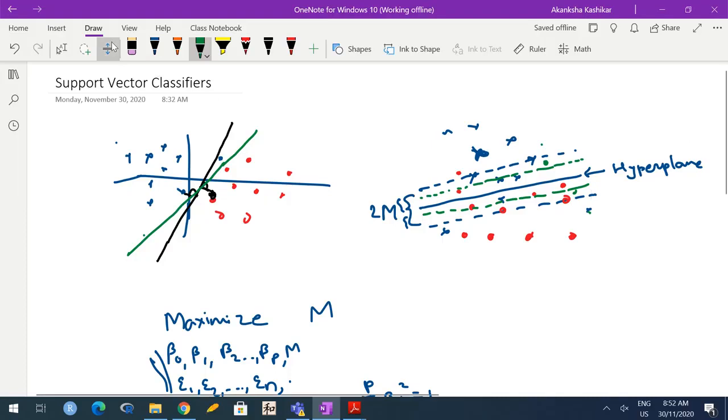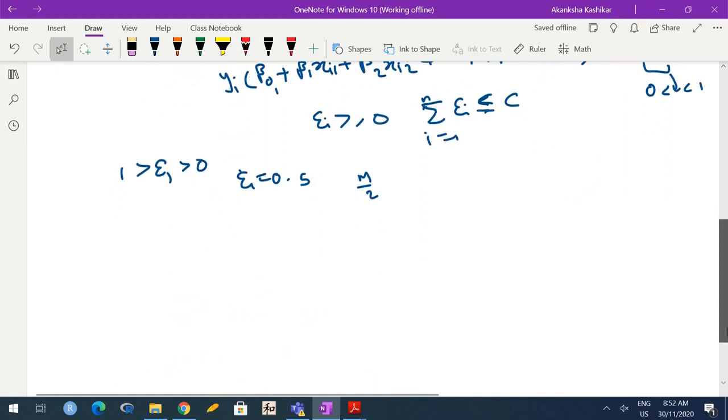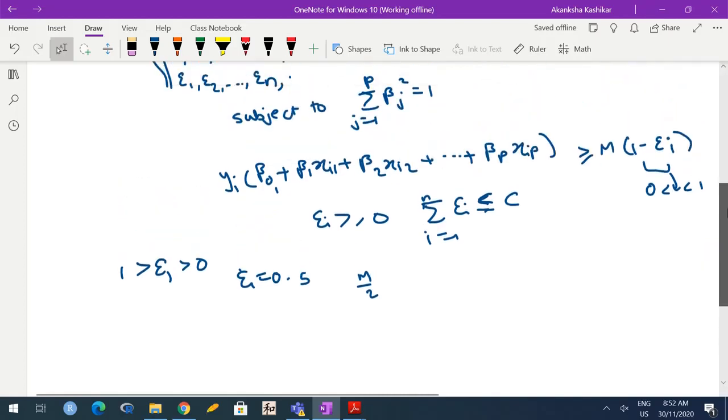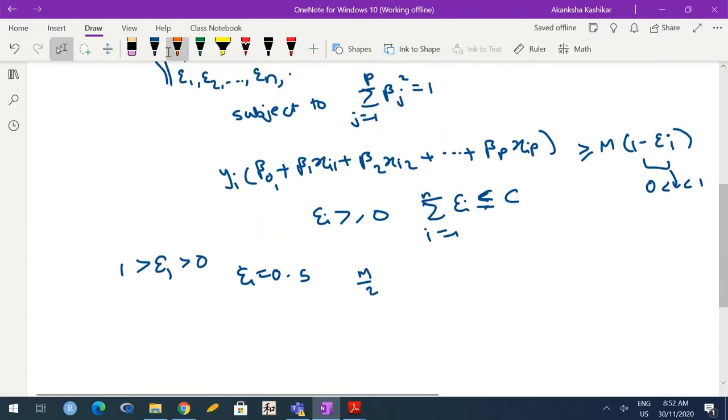I took 0.5 as an example, but basically depending on epsilon you will allow everywhere between the hyperplane and the margin. So epsilon being positive and less than 1 allows for violation of margin. And what happens if epsilon is greater than 1? If a certain epsilon i is greater than 1, then this quantity would become negative.